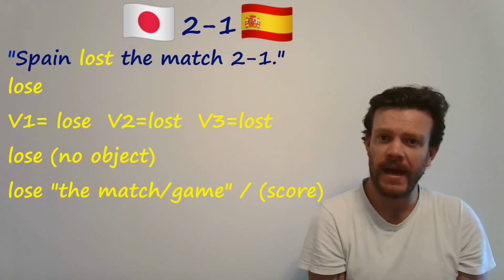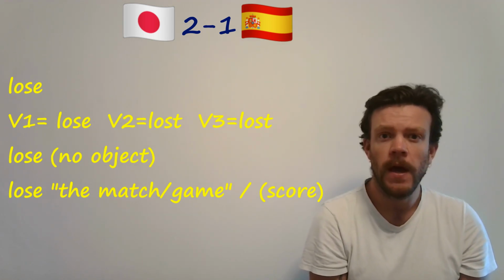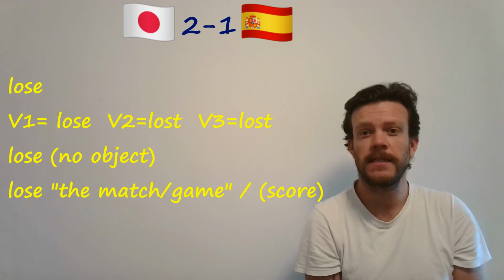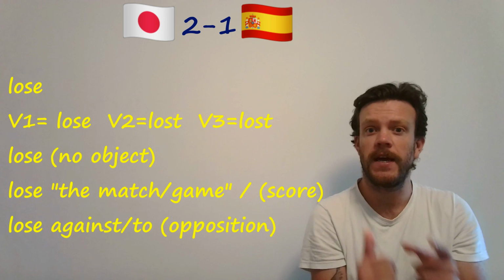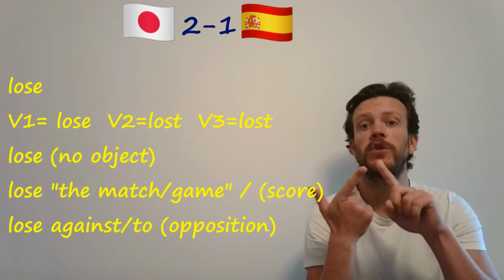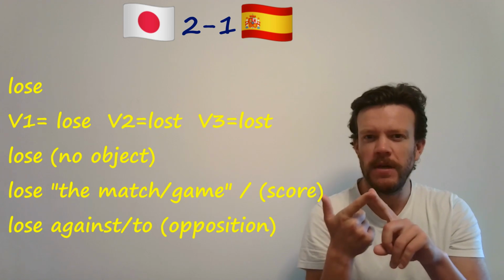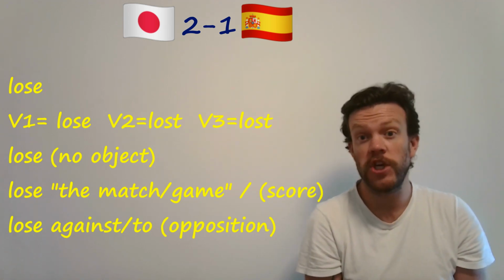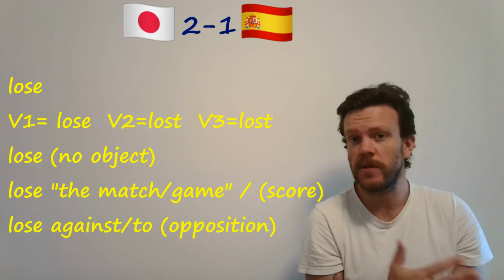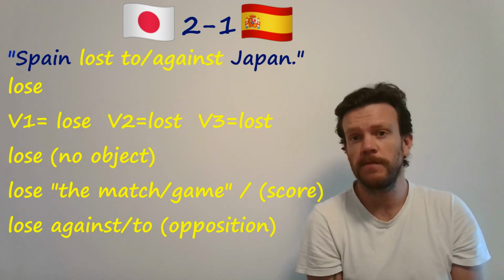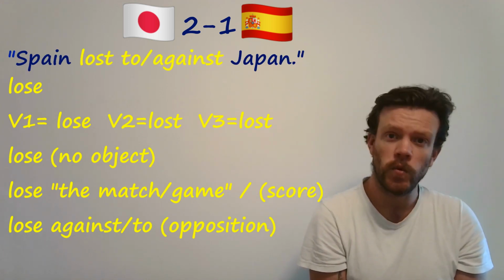Spain lost the match 2-1. With an opposition, it's similar, but here we either use the preposition against or to. And this one I would say maybe is more common and we'd use more generally with sports but also games. So Spain lost to Japan.